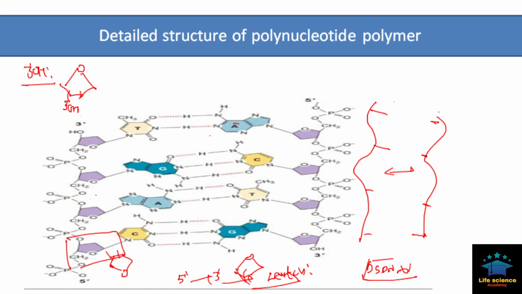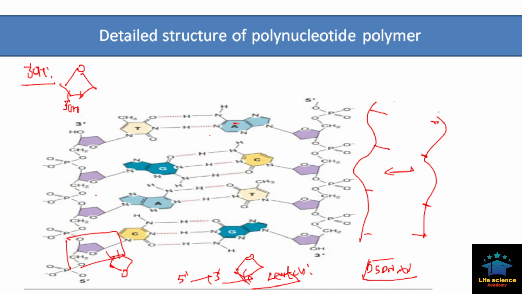In a similar manner, the other strand runs the opposite way, and we call this complementarity. One strand should be this type and the other this; the other arrangement is not possible.